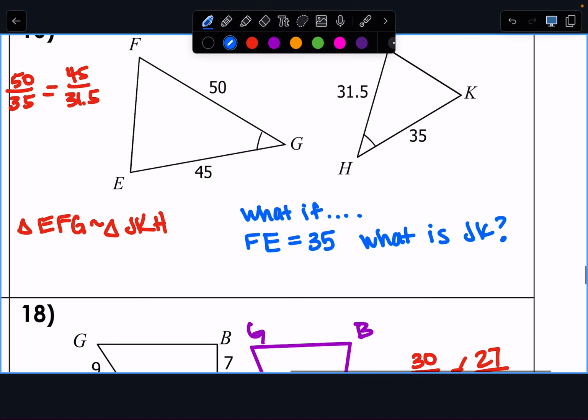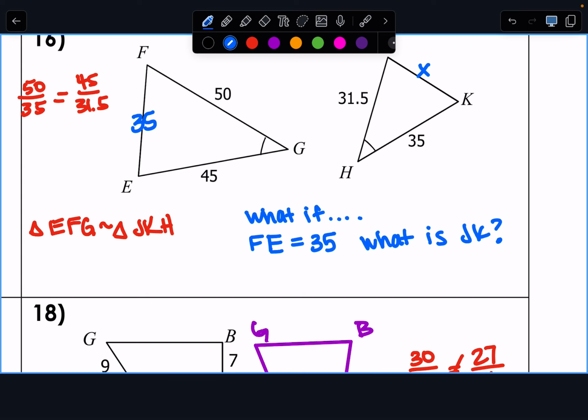Let's set up a proportion. If we know that this is 35 and we don't know what this is, we know that the ratio of 50 over 35 should be the same as our ratio 35 over x. Do you agree?